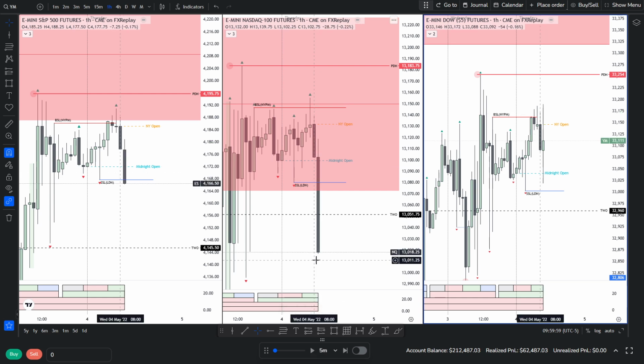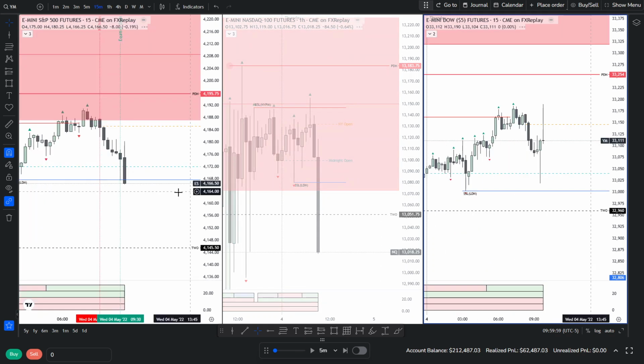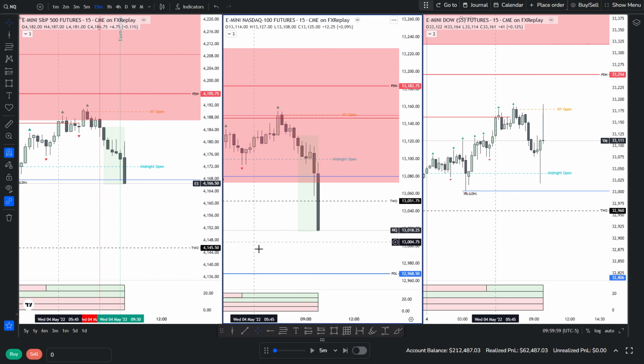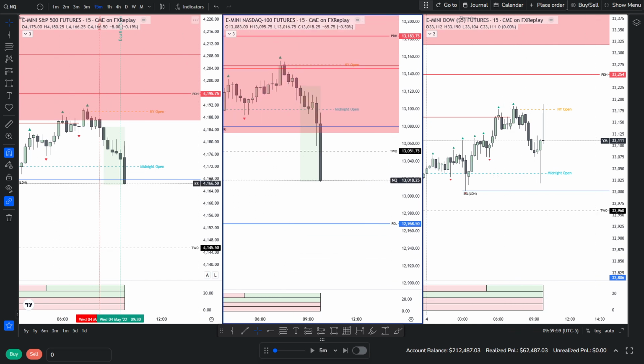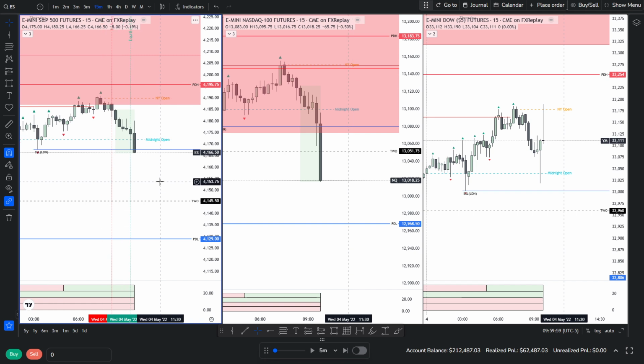Oh, hang on. I've over clicked. Equities open. Well, NQ is in real close proximity to its previous day's low, so that's interesting.